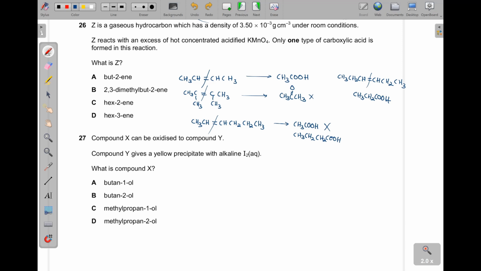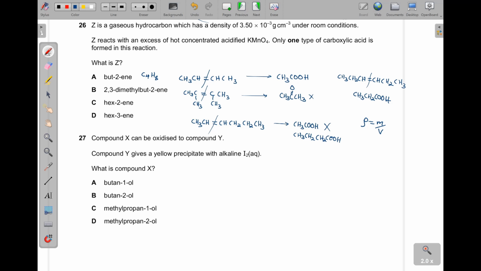Now let's look at the Mr values here. Density is equal to mass over the volume. So let's look at the Mr for but-2-ene. Since this is C4H8, we are going to have 4 times 12, which is 48, and 48 plus 8 is 56.